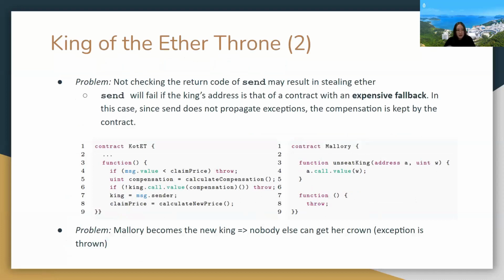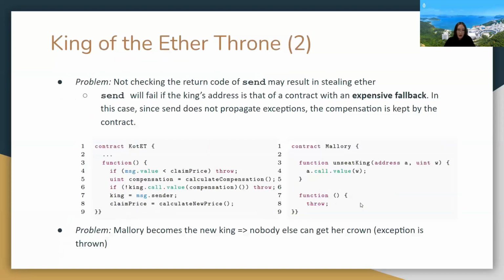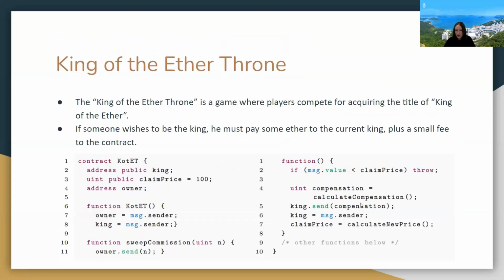Let's consider the problems here. The first problem is that we don't check the return code of send, and it may result in stealing Ether. We do the send here, king.send(compensation), and we don't check if this send was successful or not.